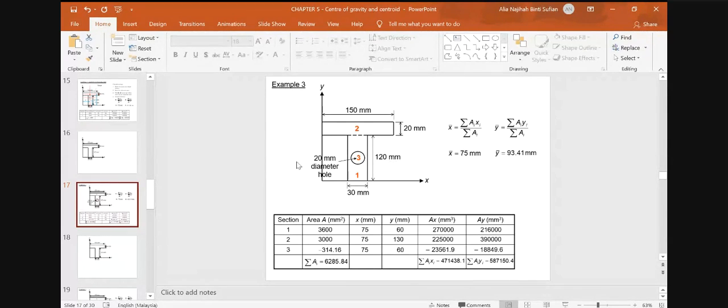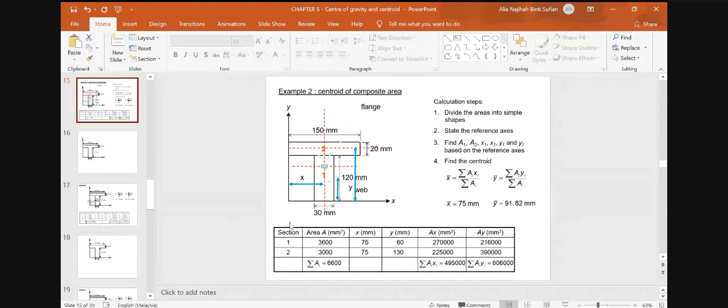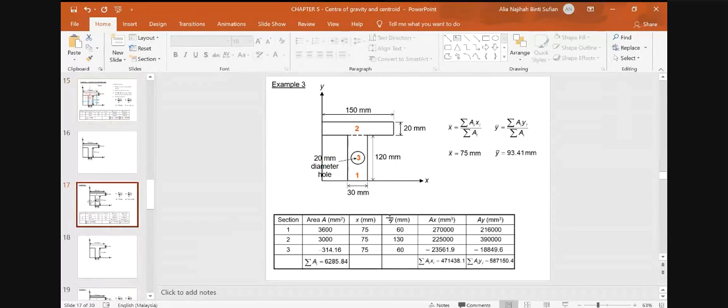So we create a table with the previous details of section 1 and 2. This is from the previous detail, 216, 390, similar. Everything is similar for section 1 and 2.